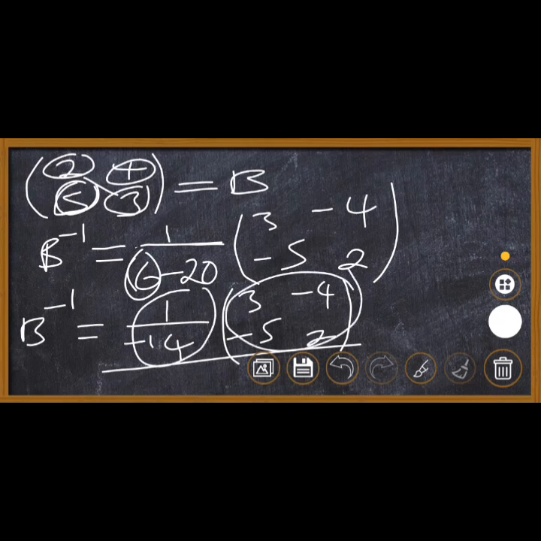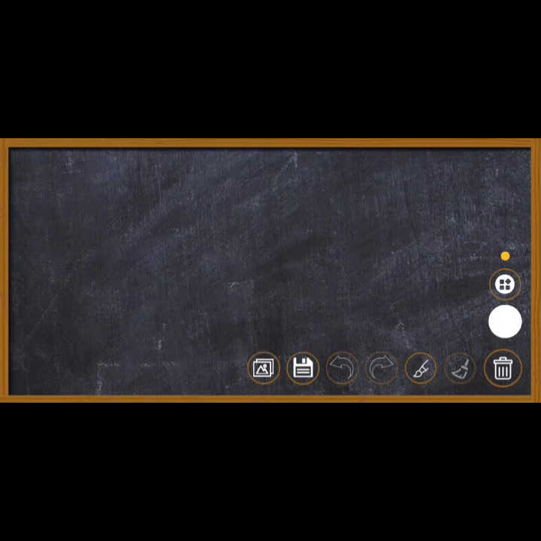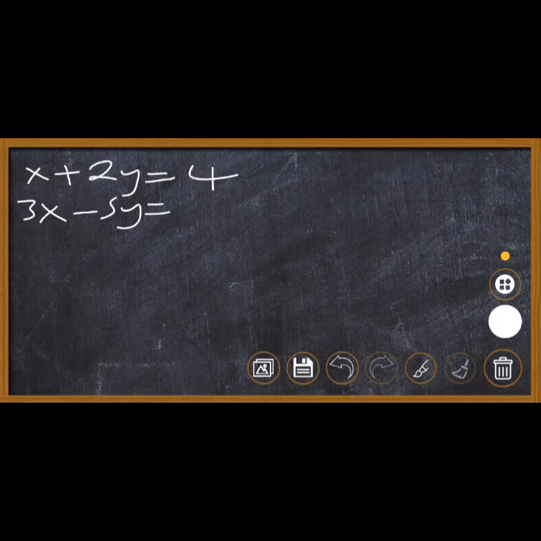Now that we have understood this, let's go directly into answering questions for simultaneous equations using the inverse rule. Let's say you have an example of a simultaneous equation. We have x + 2y = 4 here, and then here you have 3x - 5y = 1.